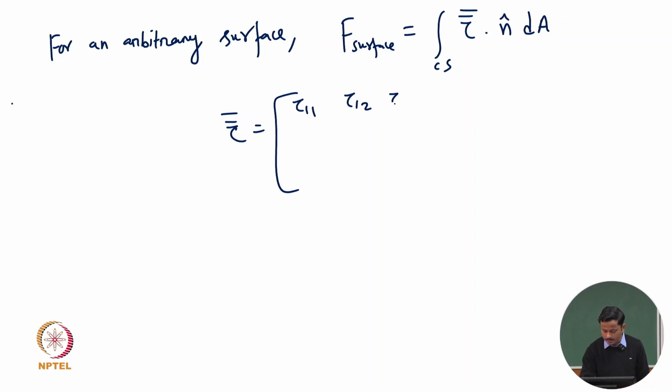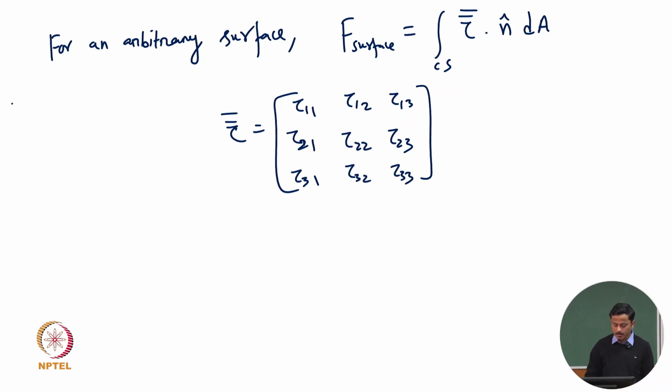So this has these elements. This stress tensor gives us information regarding the direction of the force and the direction of the surface on which it is acting.